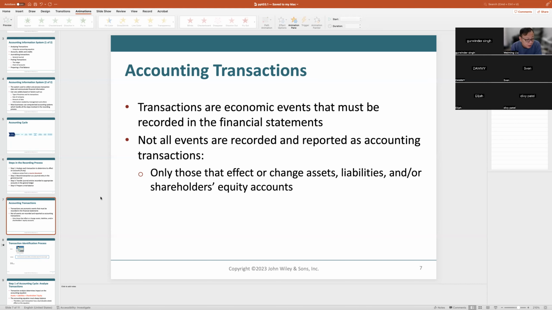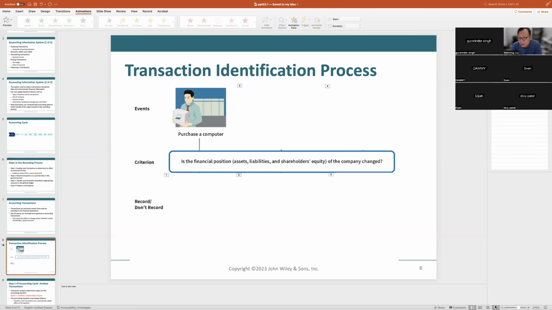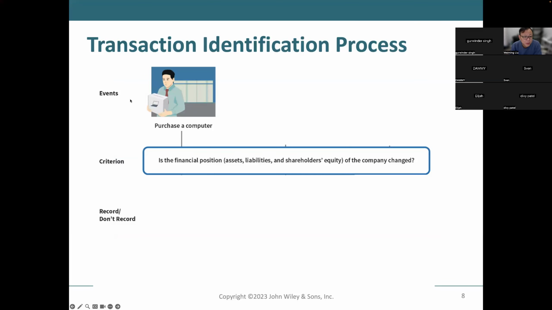So I will work on this with you. The event is: purchase a computer. Now think about it. You purchase a computer. Is the financial position, assets, liability, or equity of the company changed? Should you record it? Yes, that's good.